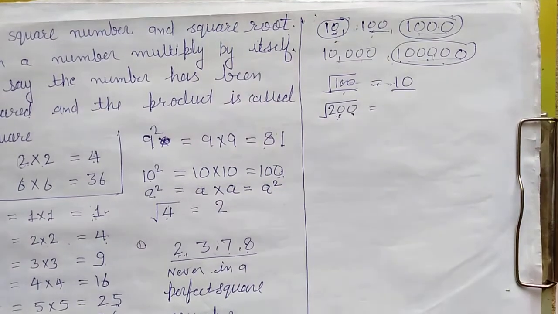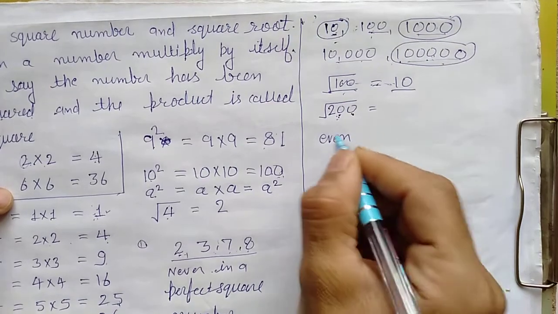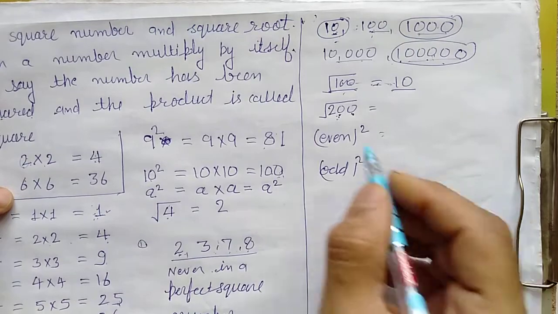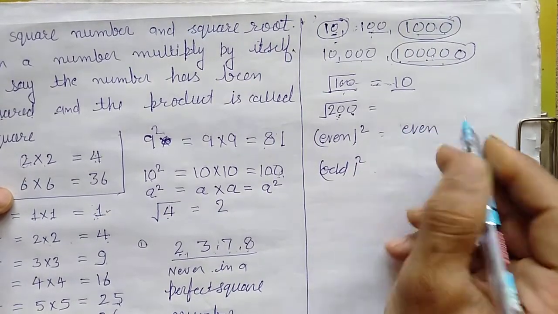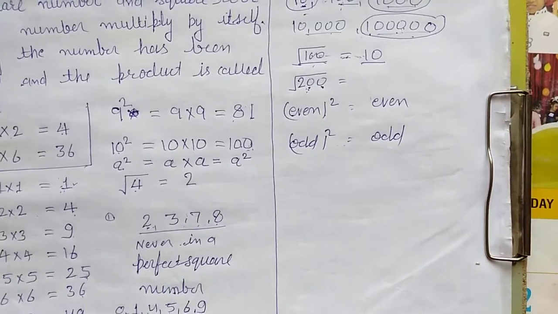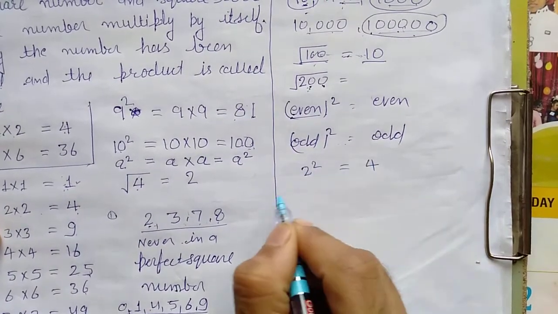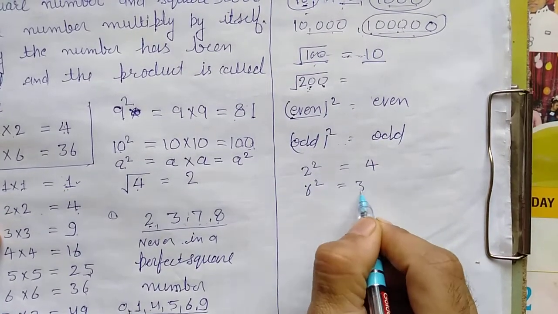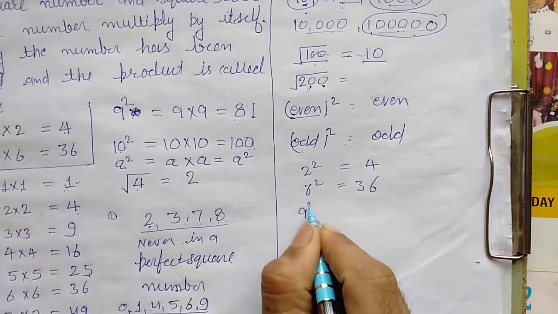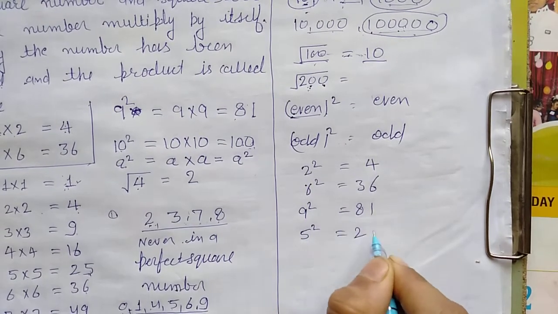Next property is the square of an even number and the square of an odd number. It means the square of an even number will be even and the square of an odd number will be odd. Let's take some examples. 2 square is equal to 4, 6 square is equal to 36, 9 square is equal to 81, and 5 square is equal to 25.